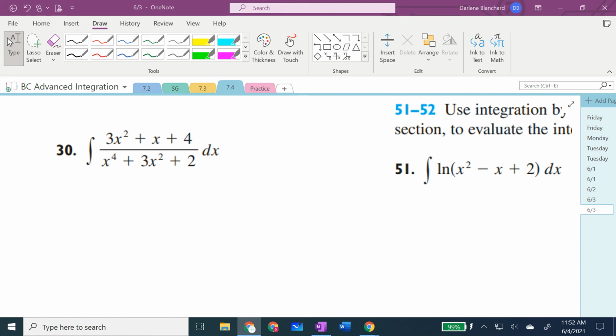For problem number 30, you want to notice that you do have a polynomial divided by a polynomial. Anytime that is your situation, what is question number 1?